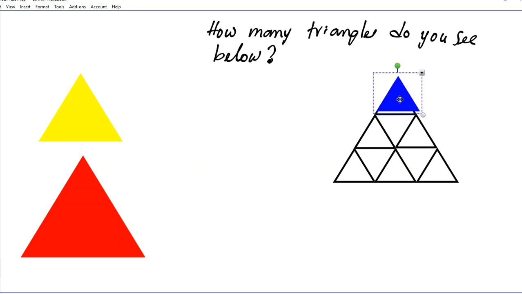Okay, so let's count it again. 1, 2, 3, 4, 5, 6, 7, 8, 9. All right, so we have 9 of the 1 by 1 by 1 triangle. I'm going to call this 1 by 1 by 1. We have 9 of these total.